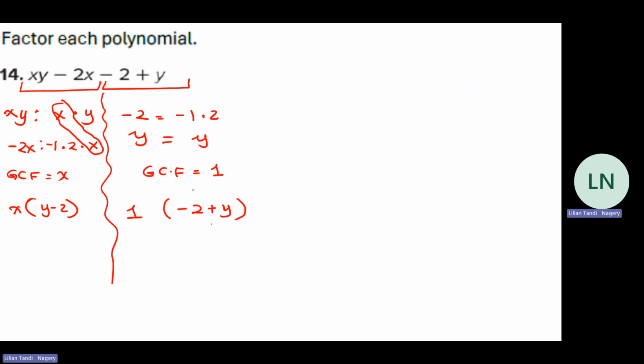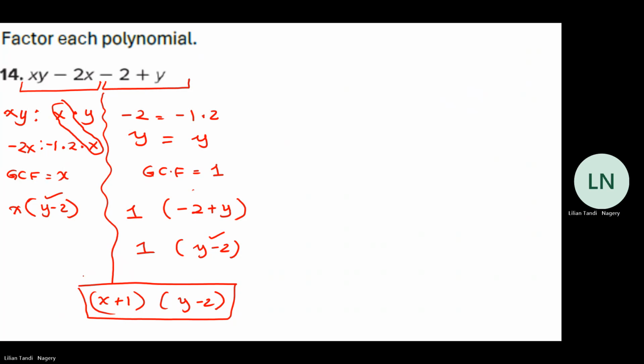It's just that they've switched places. So I'm going to put 1 and I'm going to put y minus 2. So this and this are now the same. So I'm going to write x plus 1, y minus 2. Okay? And I box my answer.